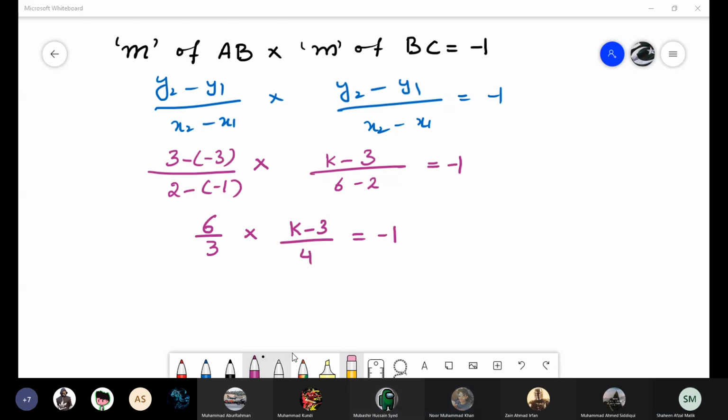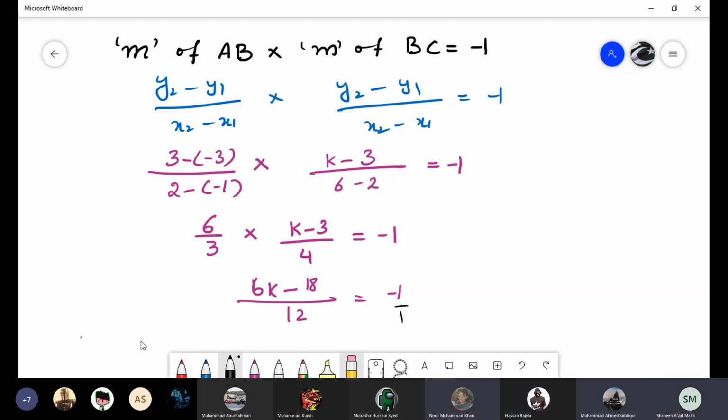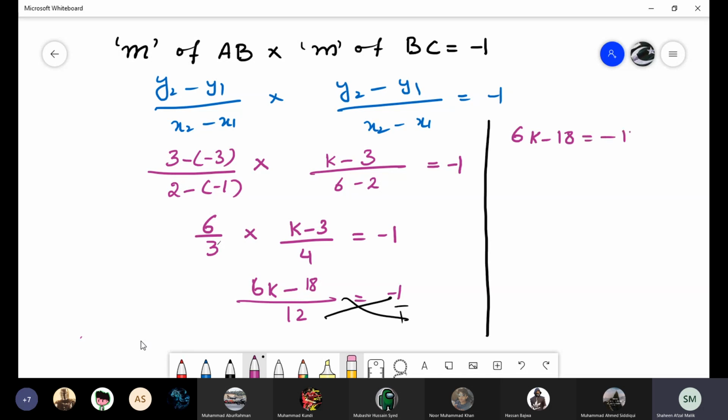You can simplify 6 and 3. So it will be 6K minus 18 over 12 is equal to -1, that is 6K minus 18 is equal to negative 12.